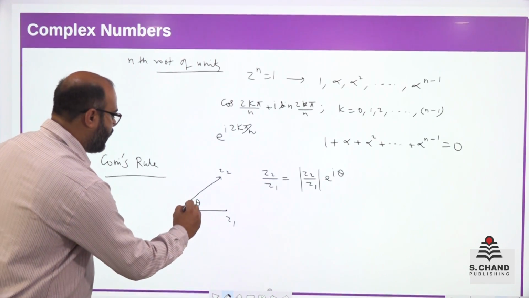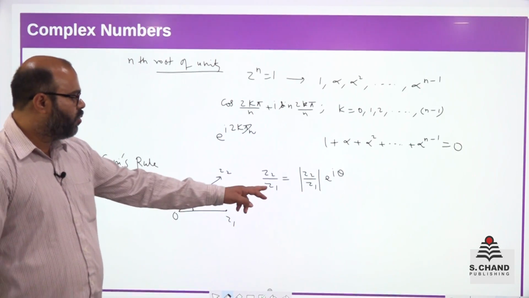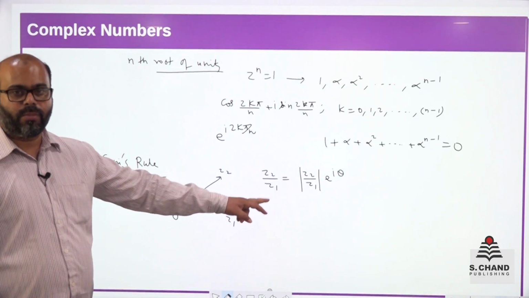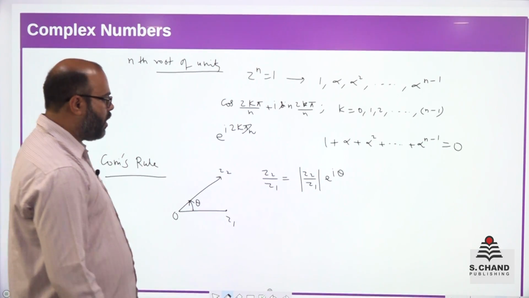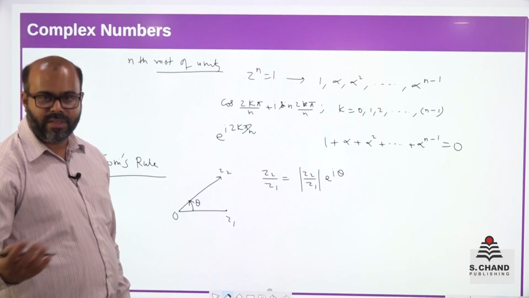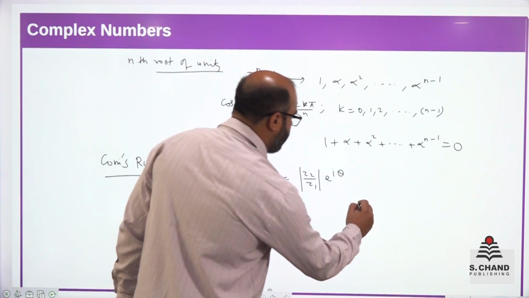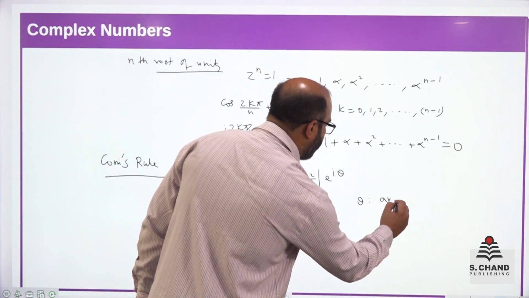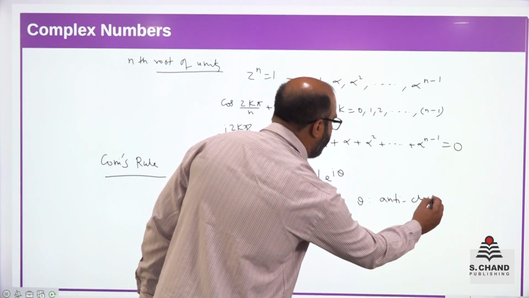This theta is taken anti-clockwise when we are moving from z1 to z2, from denominator to numerator. If it is clockwise, then we will take minus theta. So theta is anti-clockwise, that you have to keep in mind.